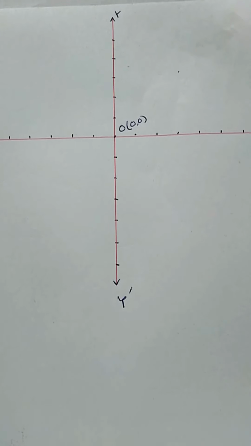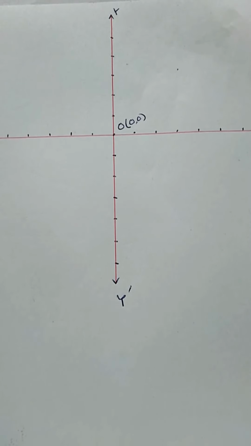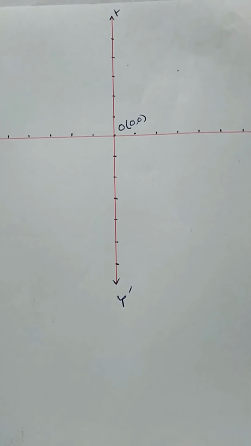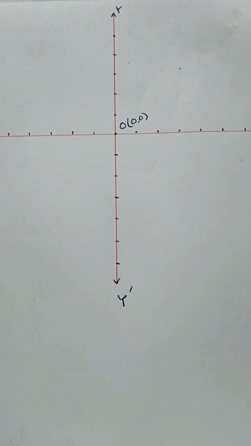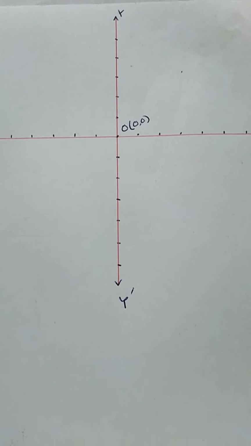Now we'll see how to locate the position of one point in the Cartesian coordinate plane, or you may say how to plot one coordinate in the Cartesian coordinate plane.